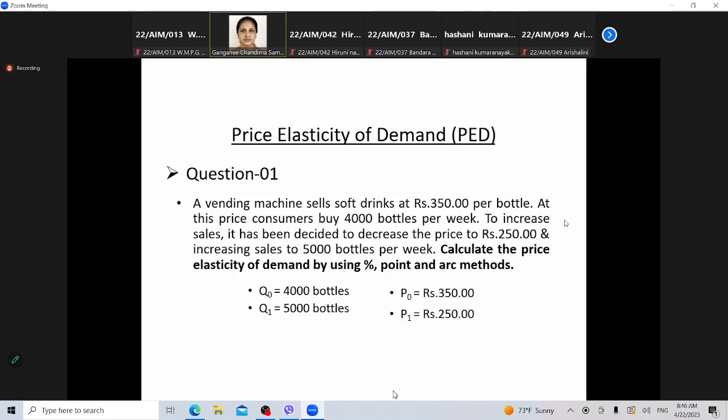Yes, now Arishalini, very good. Ishan, very good. Yes, Bandara, very good. Leela Ratna, very good. Shalini, very good. Karuna Ratna, very good.